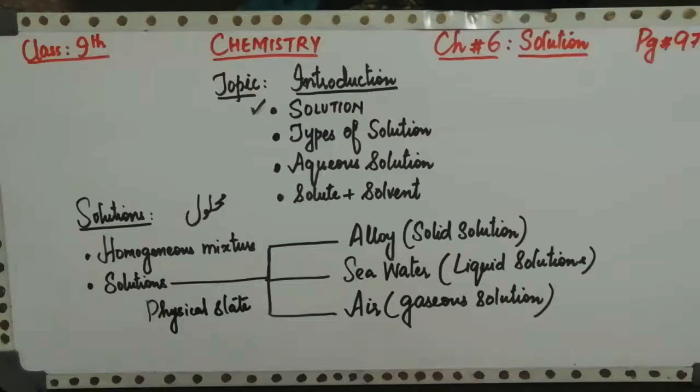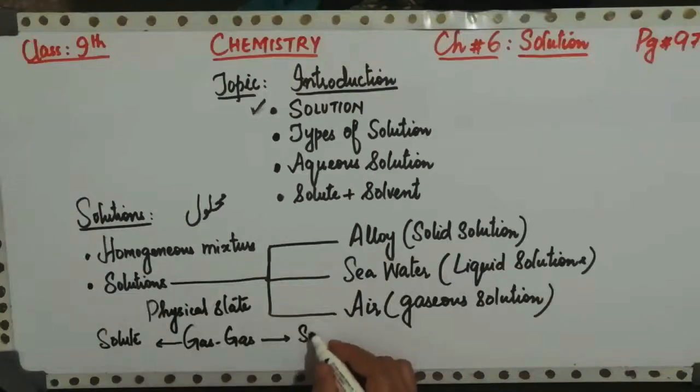For example, if I'm talking about gas solution, what is the meaning of gas? In this case the gas which is dissolved is the solute, and the other gas in which it is dissolved is called the solvent. So basically solutions are the homogeneous mixture of 2 or more substances combined together in different ratios, not necessarily in a fixed ratio.